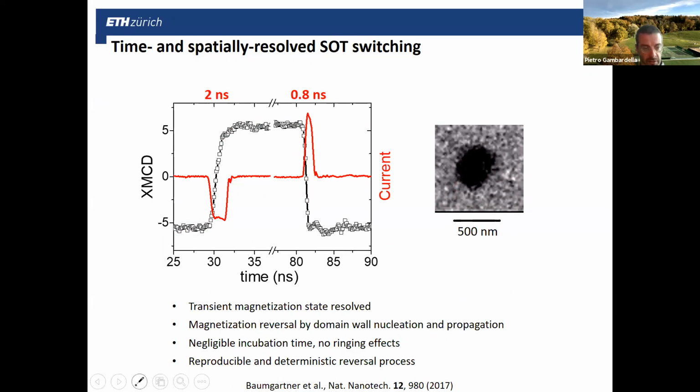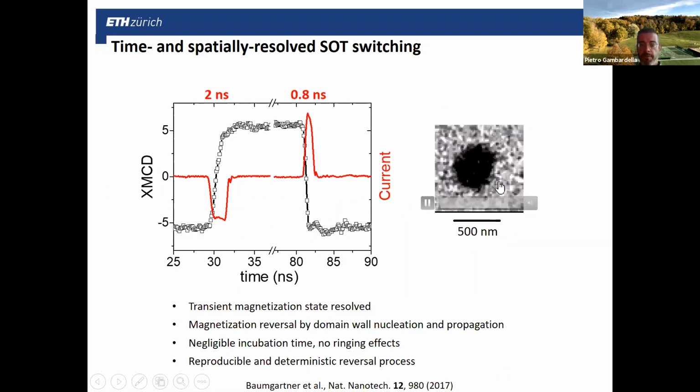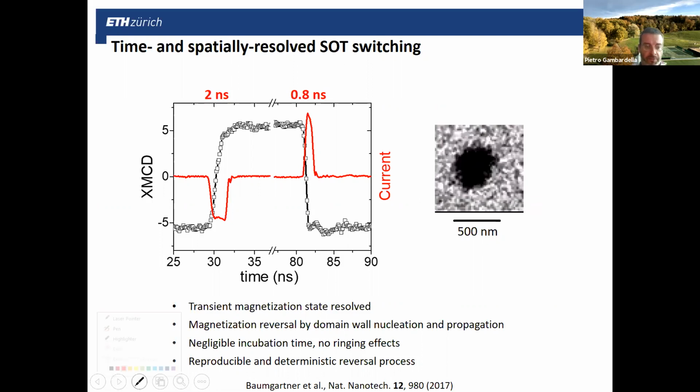And here, let me see if I can start this movie. This is a movie acquired by X-ray transmission microscopy. You see the reversal of the magnetization in the dot occurring by nucleation and propagation of a domain.